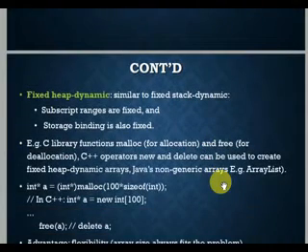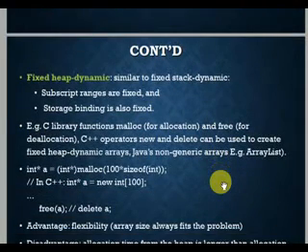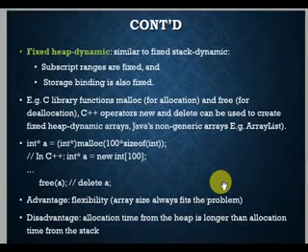Then the next one will be fixed heap dynamic. The previous one was fixed stack dynamic, but this one is fixed heap dynamic. It is similar to fixed stack dynamic: the subscript ranges are fixed, and the storage binding is also fixed.